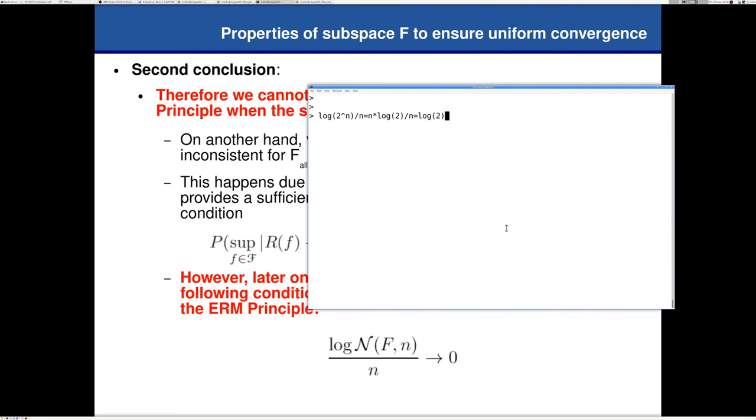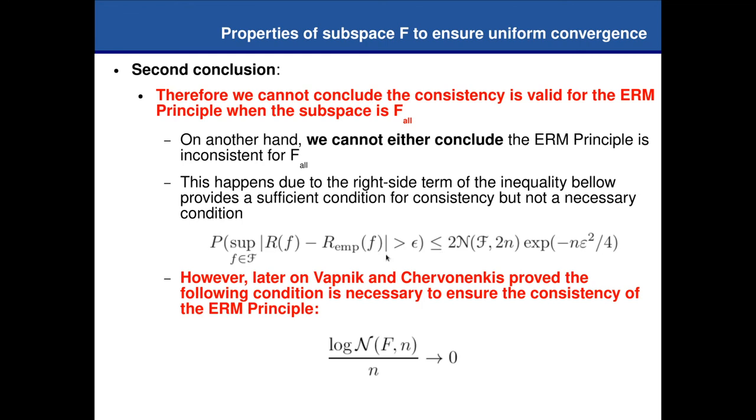No, it's different from 0. Is this going to converge? No. This never converges. Actually, this is a sufficient and necessary condition to ensure that an algorithm learns according to the empirical risk minimization principle.